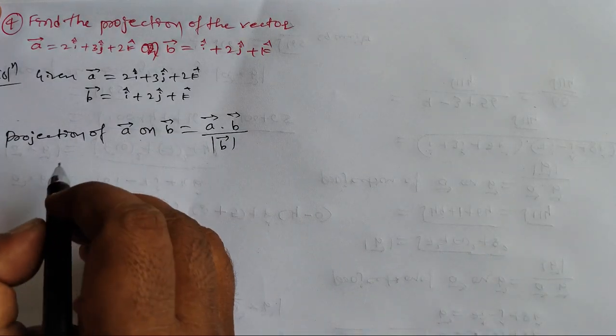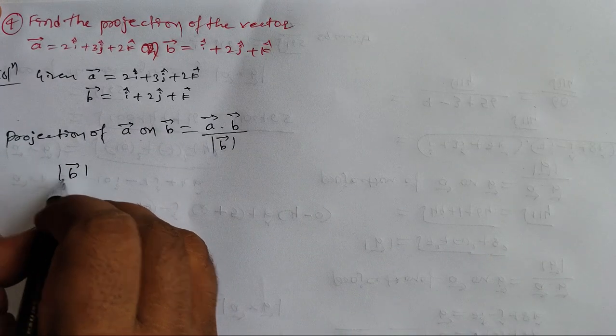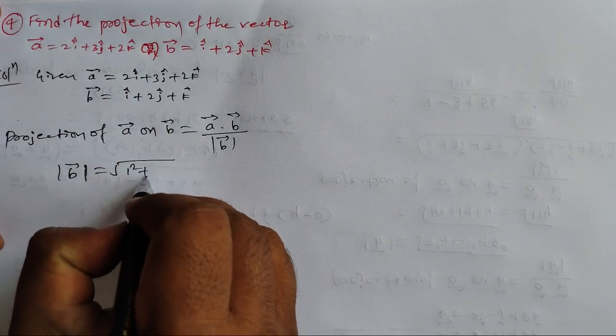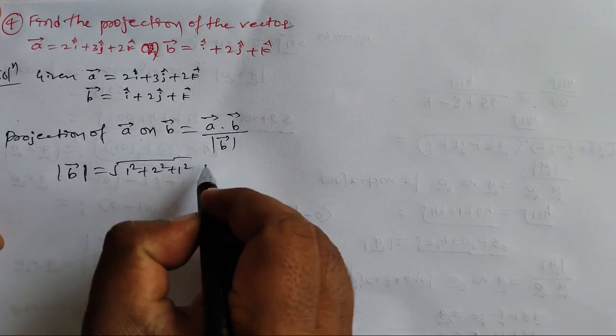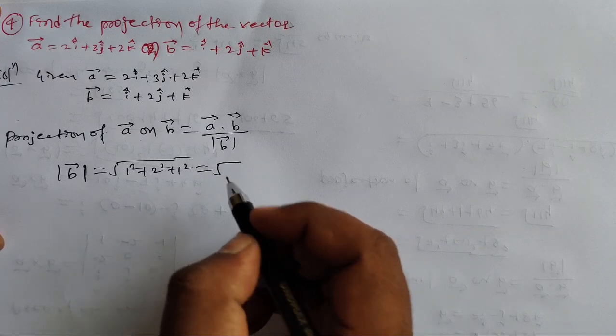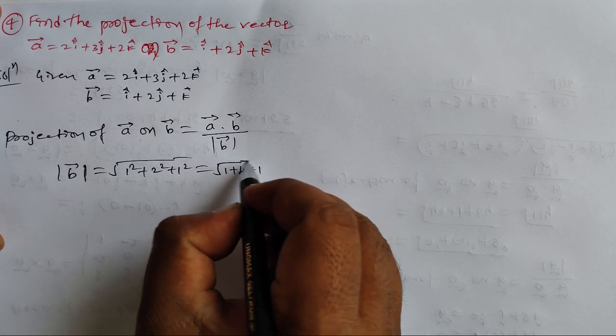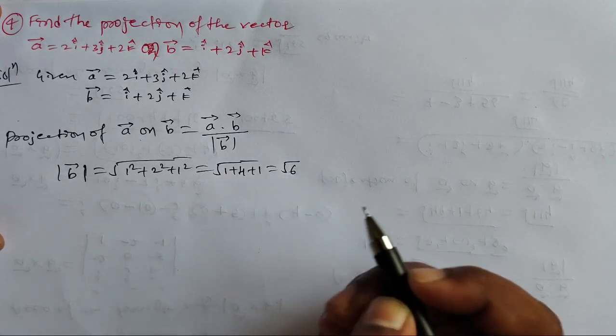First you find the magnitude of B vector. Magnitude of B vector is equal to square root of 1 square plus 2 square plus 1 square, that is equal to root 1 square is 1 plus 2 square is 4, again 1 square is 1, that is equal to root 6, right?